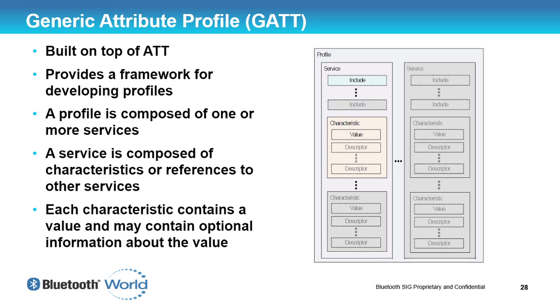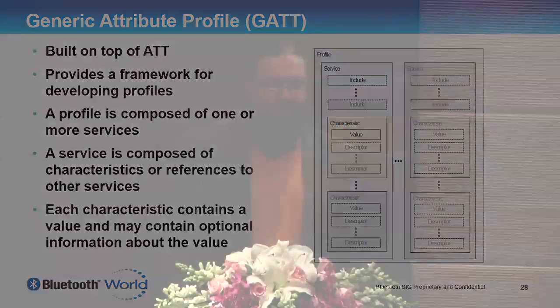As you can see on the diagram on the right-hand side, we've got a device that has a couple of services inside it. These services are structured in terms of characteristics, and a characteristic has a value, some properties, and a bunch of descriptors. This is really key because if you understand what the service is, what the characteristics do, and you understand the descriptors, you can use that service however you want.